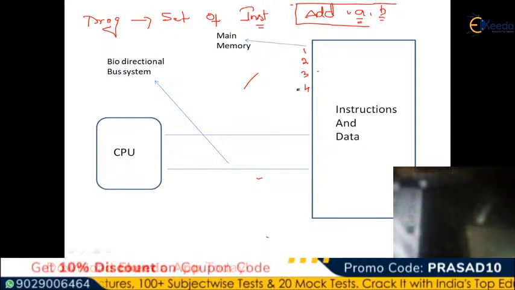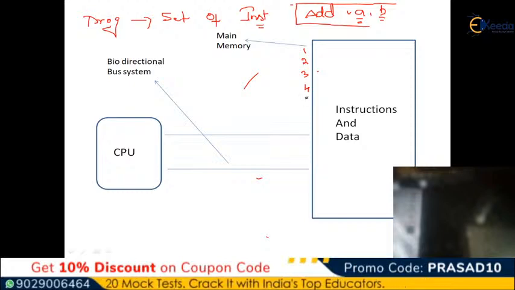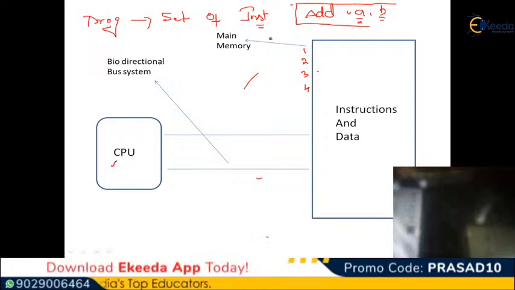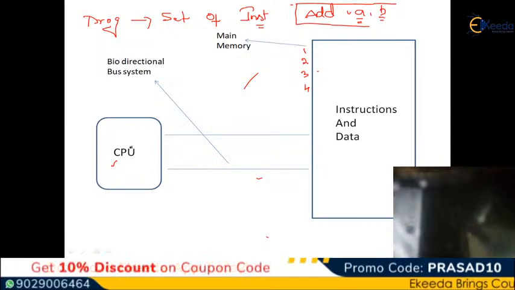A program is a set of instructions, but where are those available? These are available only in the main memory. But when you want to execute, you require a CPU, right? When CPU executes this, it is going to access these instructions one by one. It calls instruction number 1. When instruction 1 goes to the CPU, it should be able to sit within the CPU for a stipulated time as long as it gets executed.